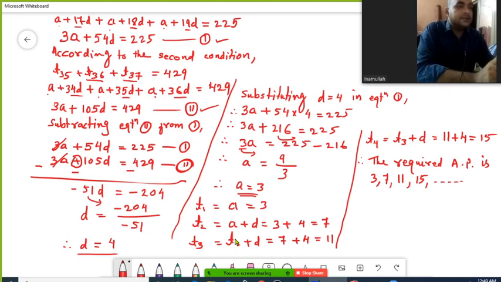So according to this given question, 3, 7, 11, 15 is your required arithmetic progression. Hope it is clear to everybody.